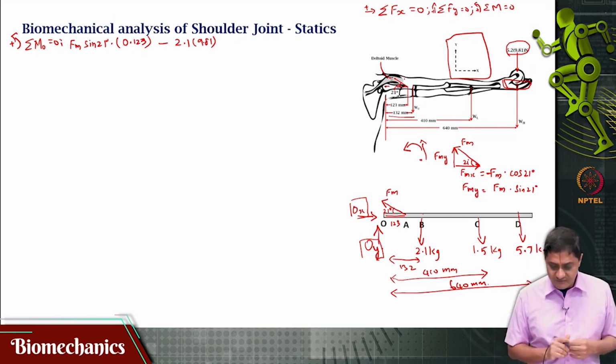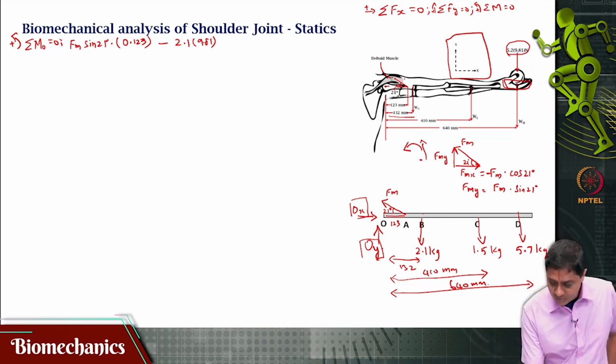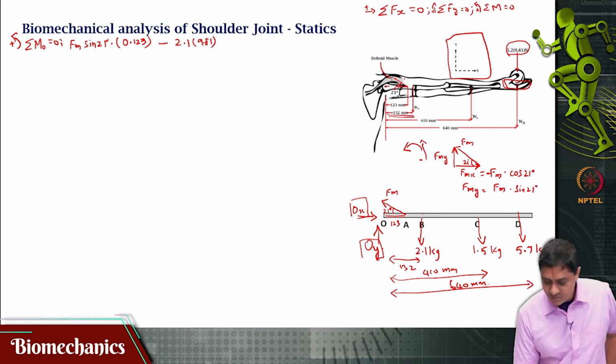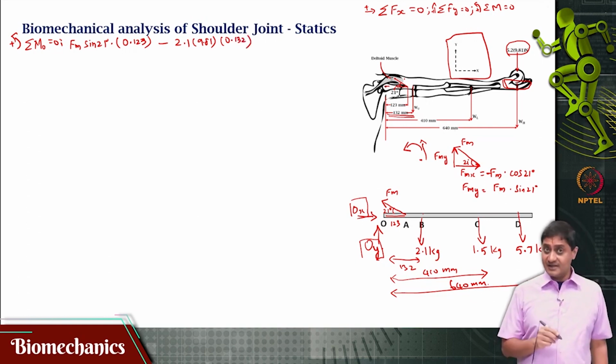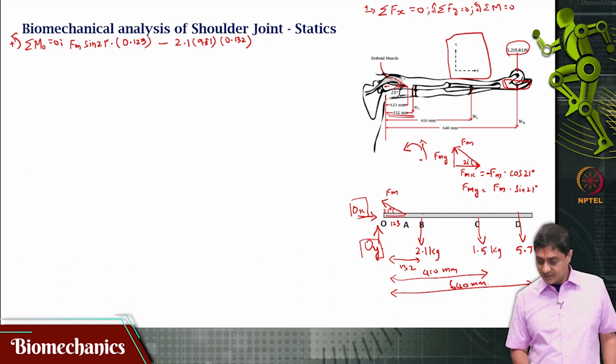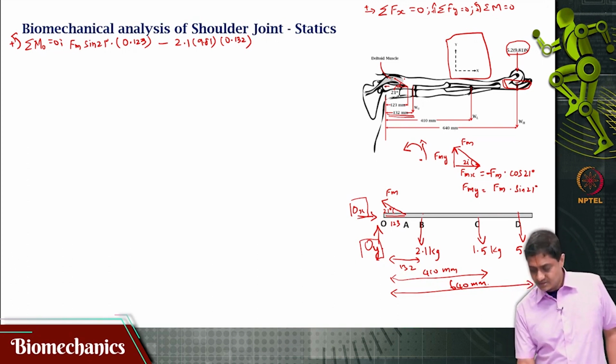No, because we will have to write out the corresponding moment arm, and that is 132 mm. So, I am putting 0.132. Yes, I have written negative in this. Is that correct? Yes, because this force is acting downward and this is where the joint is.